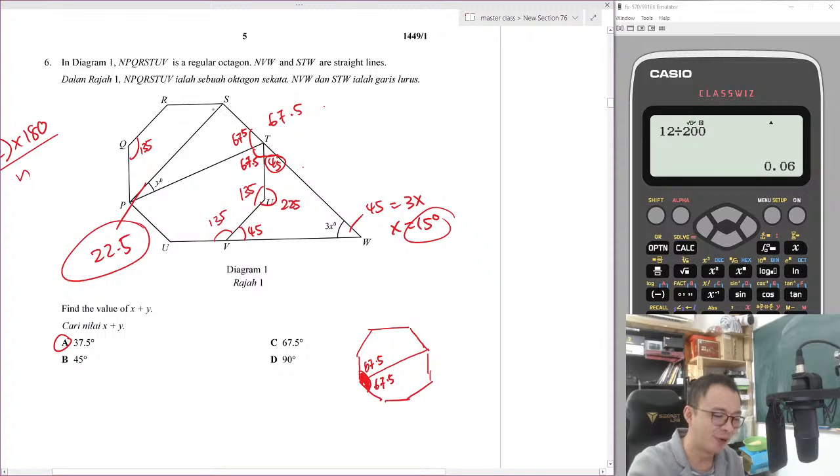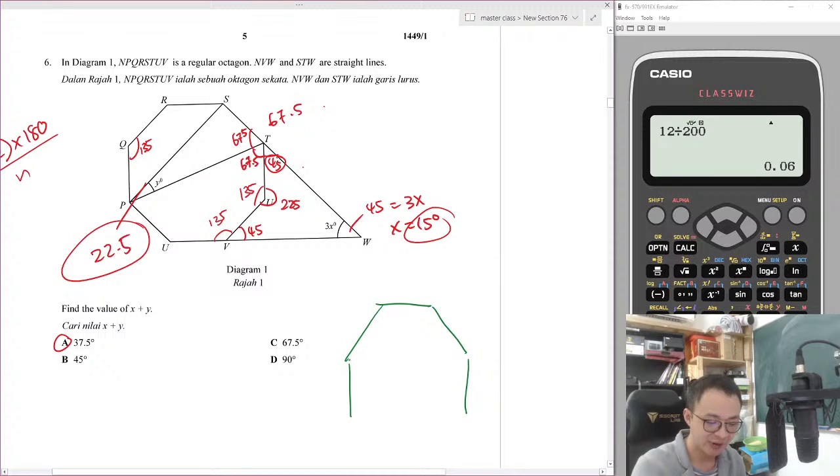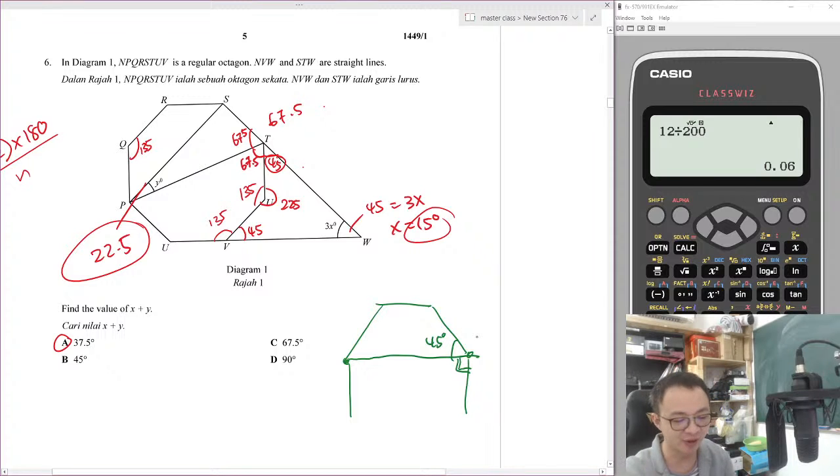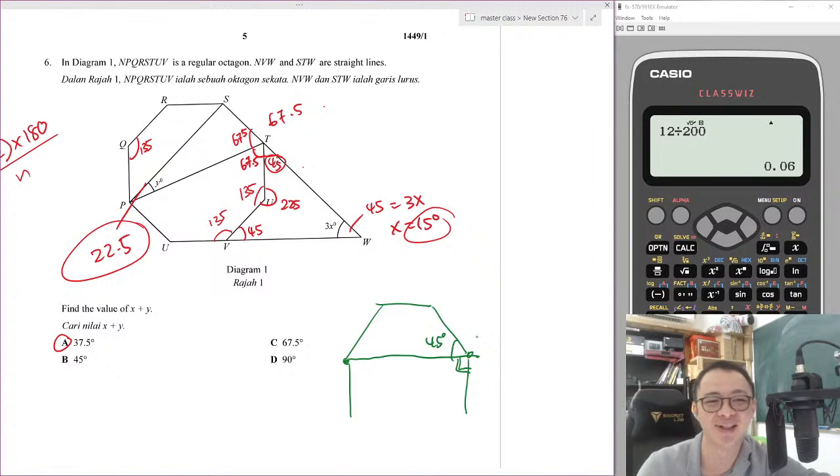Oh, why is this 90 degrees? Because for an octagon, you cut like this. This one is 90 degrees. This one is 45. Whenever this diagonal line is fixed already, this one is 90 degrees. This is 45 because the total will be 135, right? So this is how I get 90 degrees. Yeah, maybe just now I did too fast. Forgot to explain about this one.